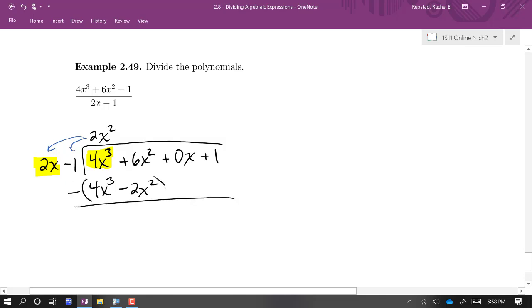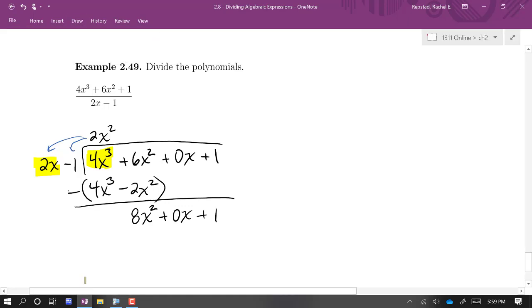Parentheses are crucial here. 4x cubed minus 4x cubed is 0. 6x squared minus a negative 2x squared is 8x squared, positive 8x squared. Remember, if we're subtracting that negative, we're adding a positive 2x squared. Then I'm going to bring down the rest of my terms. I usually bring them all down, carry them all down with me as I go.